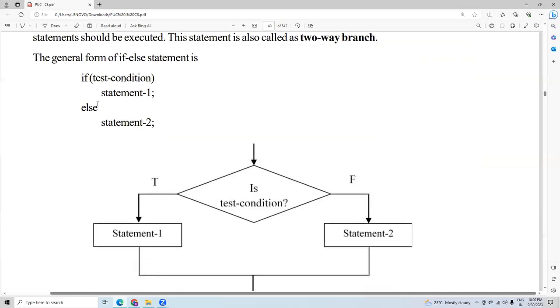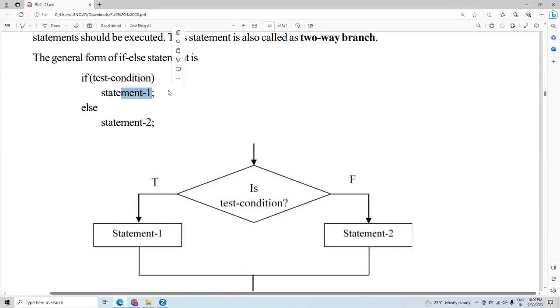If test condition statement 1, else statement 2. That means if this condition gets true, then statement 1 will be executed and statement 2 will be skipped.